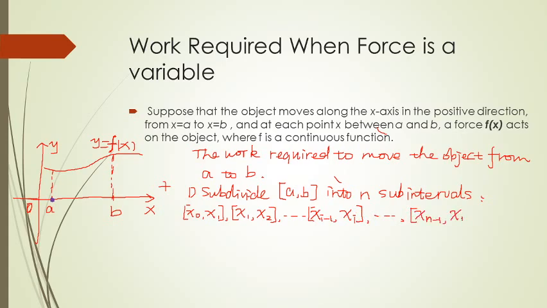And we understand the equal width of each interval is delta x, which is (b minus a) over n. We divided this whole distance from A to B into n subintervals of equal width. And we know the formula, right? Delta x.